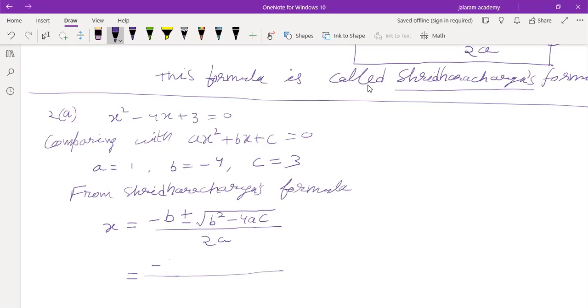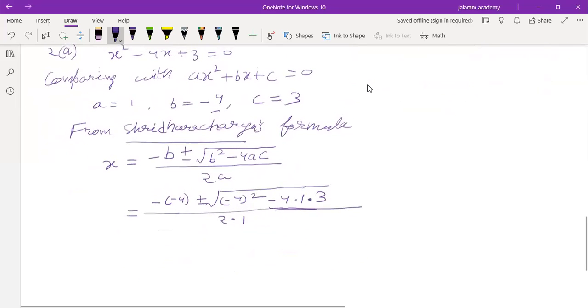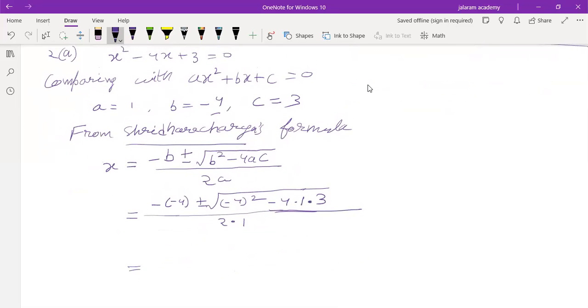So minus of the value of b is minus of minus 4, plus minus square root of b square, minus 4 whole square. Don't write it directly, even if you are greater than Ramanujan or greater than Sridharacharya, still write it: minus 4 whole square minus 4 into 1 into 3. Okay, over 2 into 1. Don't use anything directly.